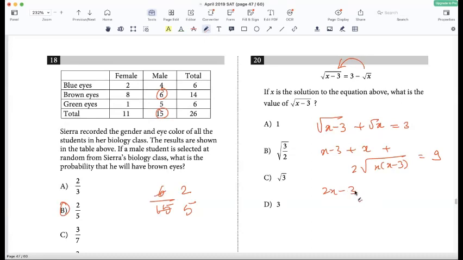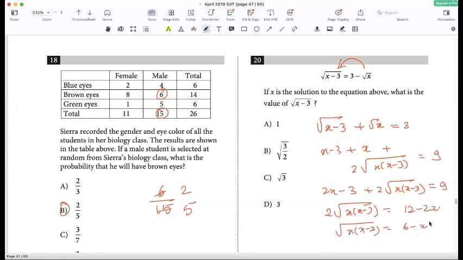So 2x minus 3 plus 2 times root x into (x minus 3) is 9. So 2 times root of x into (x minus 3) is 12 minus 2x. So root of x into (x minus 3) is 6 minus x.